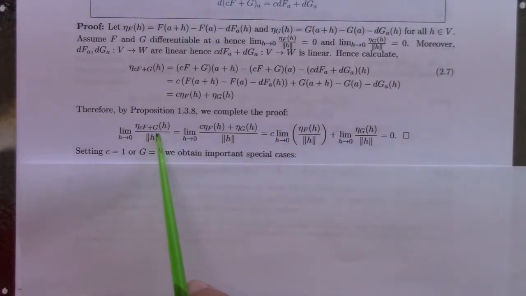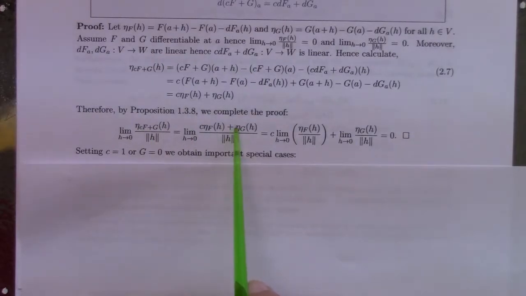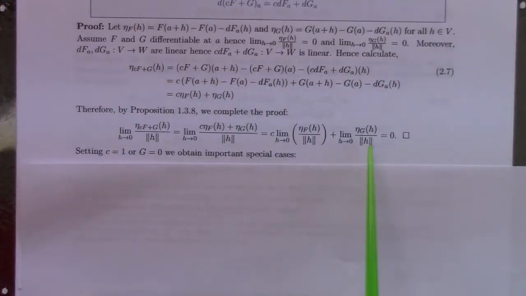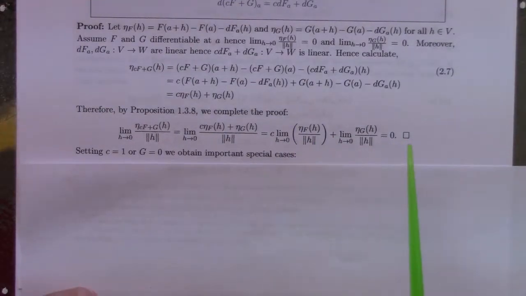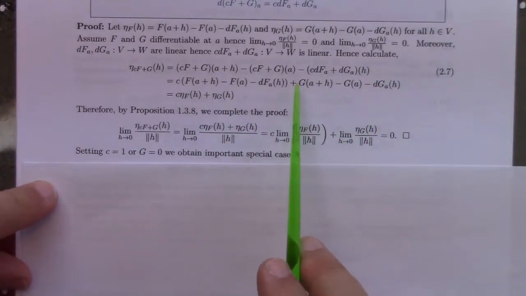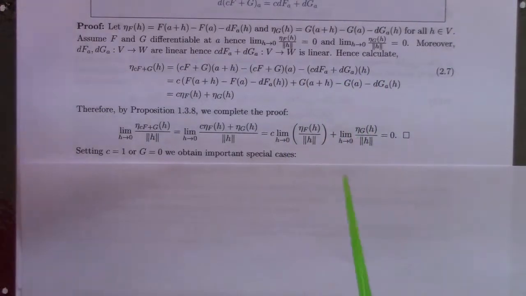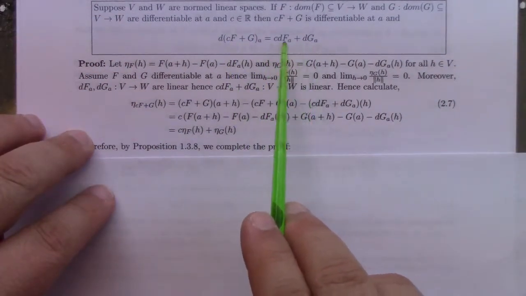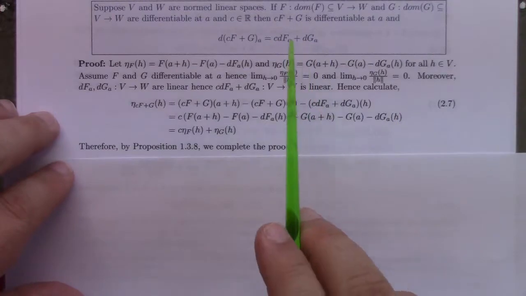I'm missing, oh no, not missing anything, I just got trapped by my own notation. So this is equal to that, then I can break up the limits because both of these exist. So sum of limits rule, linearity of the limit really. And there it is. So that shows you that the differential of cf plus g really satisfies the needed Fréchet quotient, and there you go.